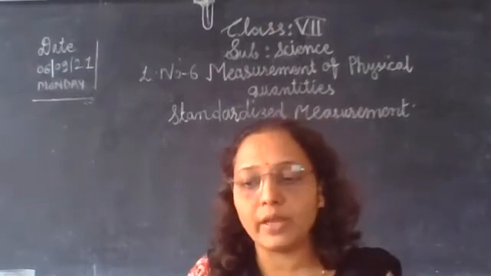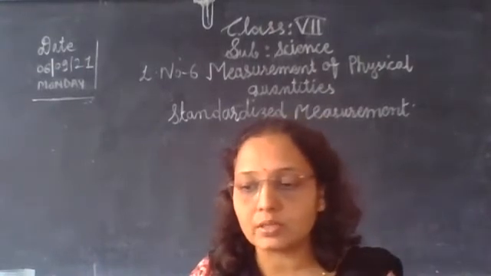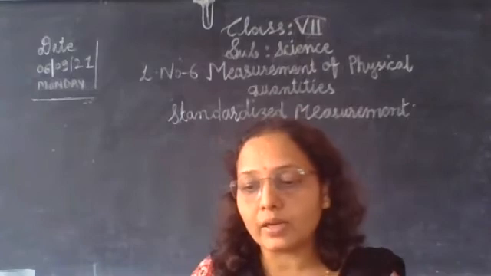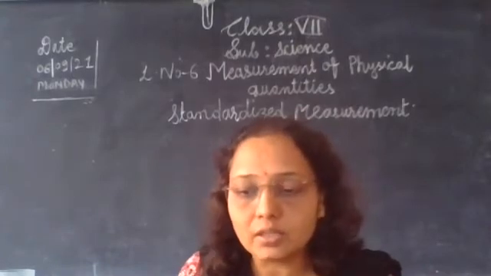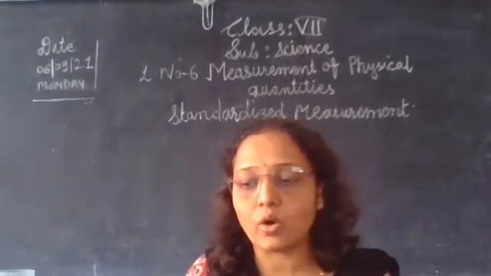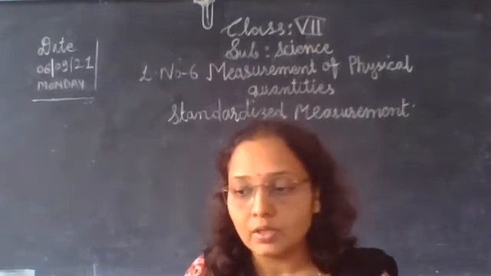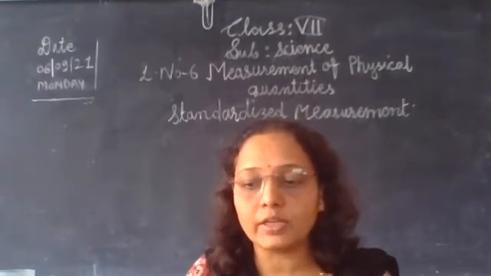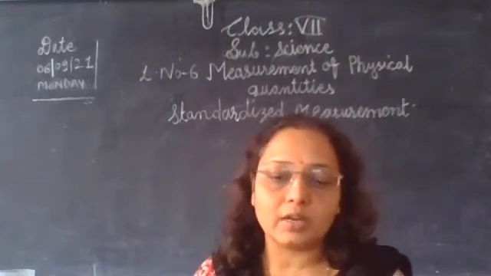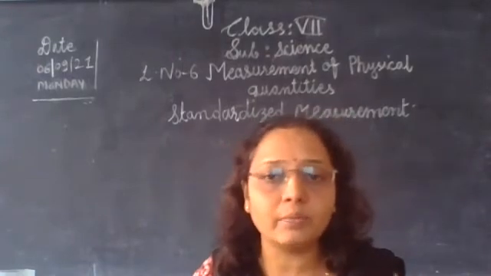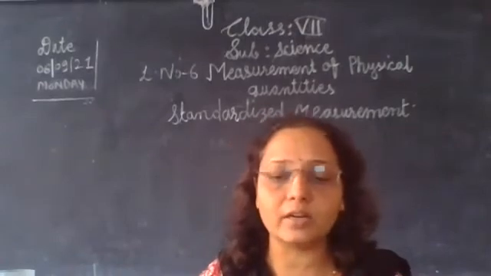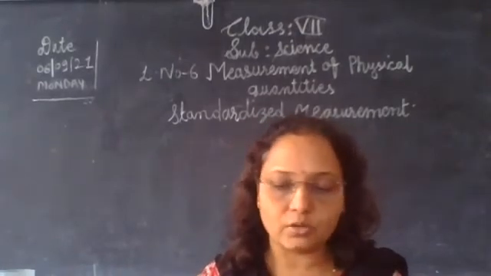Okay, so there are many physical quantities, but the majority of them are related to each other. You have learned that speed is the ratio of the quantities distance and time. So for getting accurate measurement, we use the standard units of measurement.